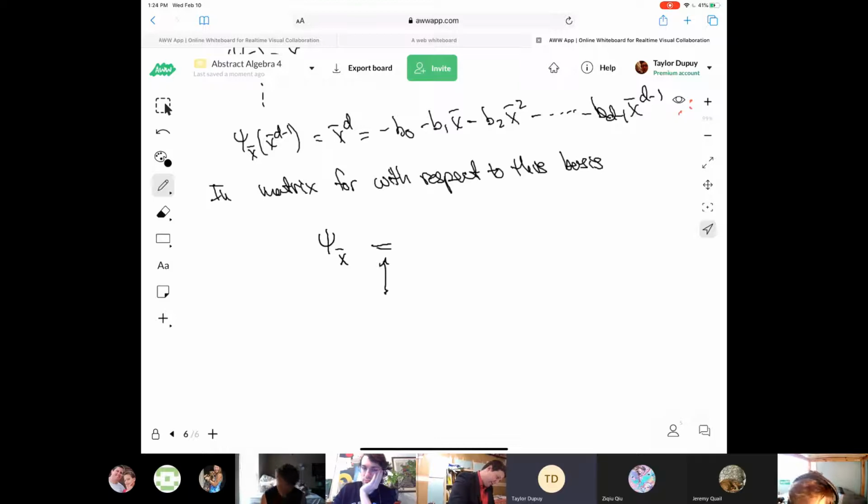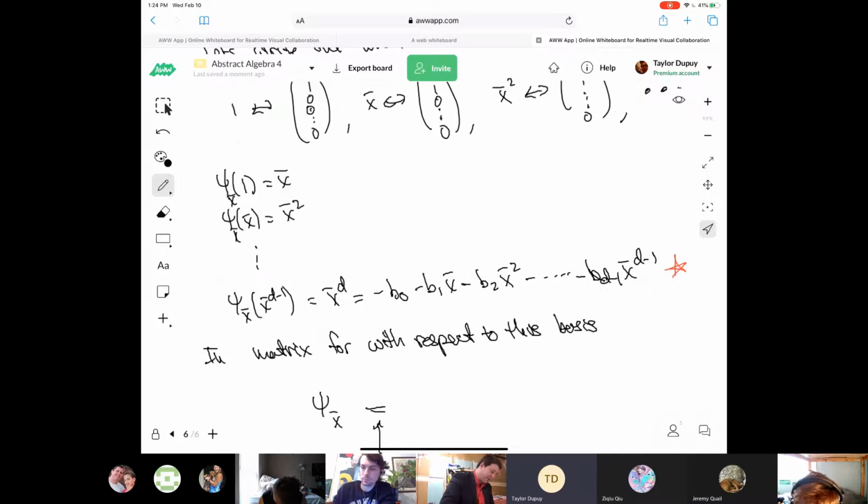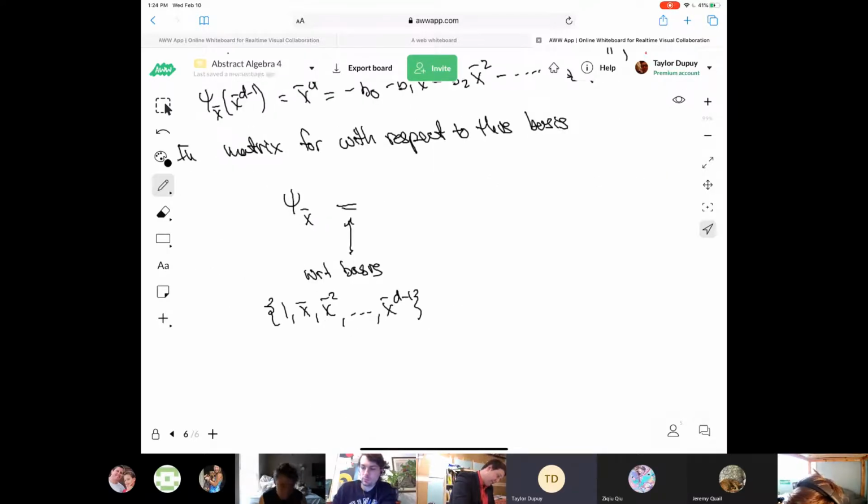So this is with respect to the basis 1, x bar, x bar squared, up to x bar to the d minus 1, corresponding in this way, setting up this bijection that I did above. This thing looks like, okay, so what does the first one get sent to? It gets sent to 0, 1, 0, like 0. The second one gets sent to this one, 0. And then the third one gets sent to 0, 0, 0, and then it'll have a 1 down here, but it keeps going. So maybe I should not include this one.